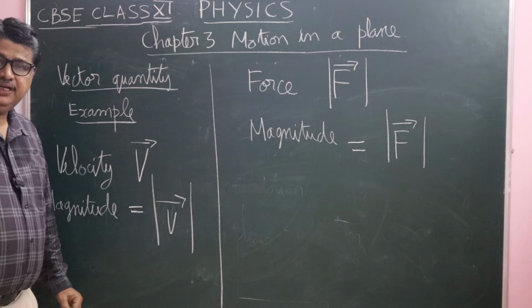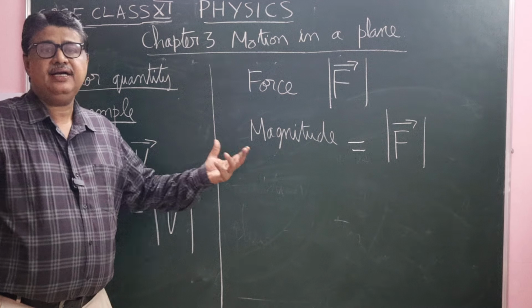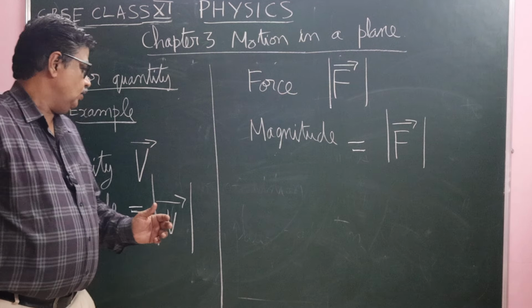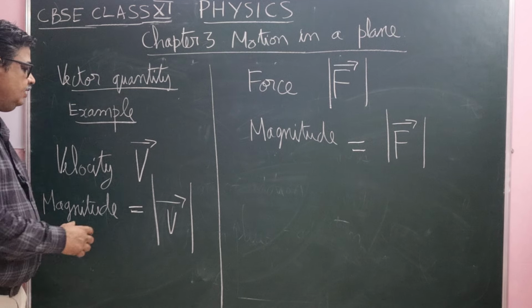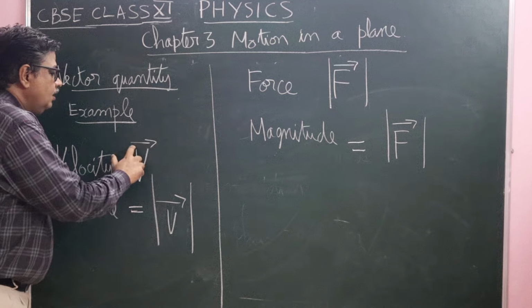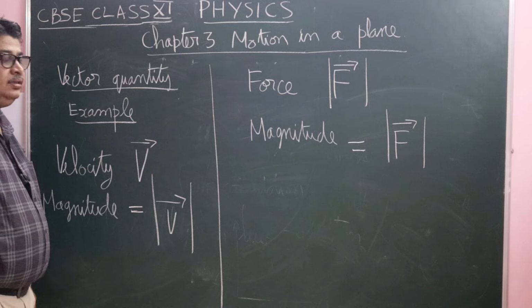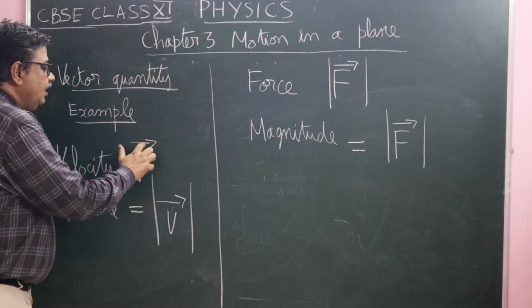So vector quantity, I told you, a vector has got both magnitude and direction. So a vector has to be represented by a symbol, an arrow symbol at the top. This is the head of the arrow.